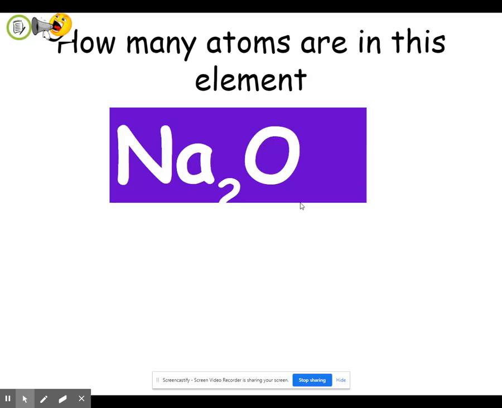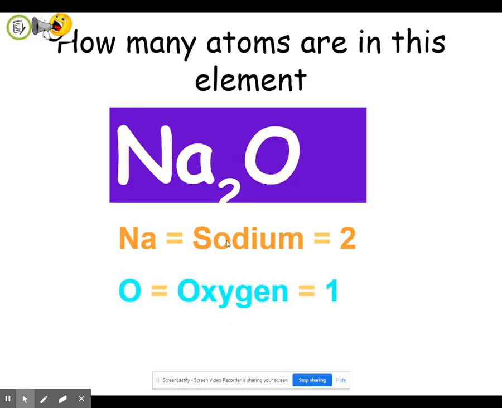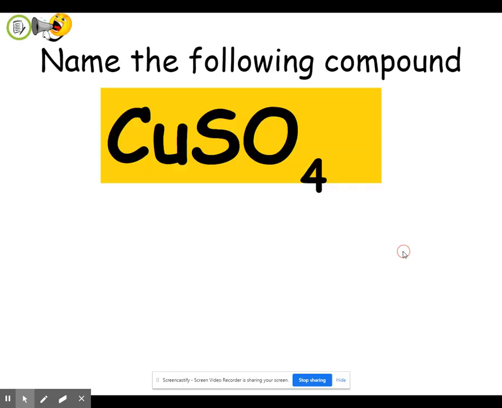Now the first thing you want to do is identify what elements you have and write them down. So you're going to write Na for sodium, then put equals, and how many atoms are there? We have a subscript of 2, so we have 2 atoms of sodium. Then you're going to write O for oxygen, and there is no subscript, so it's 1 atom. Always identify the element and then write the atoms.